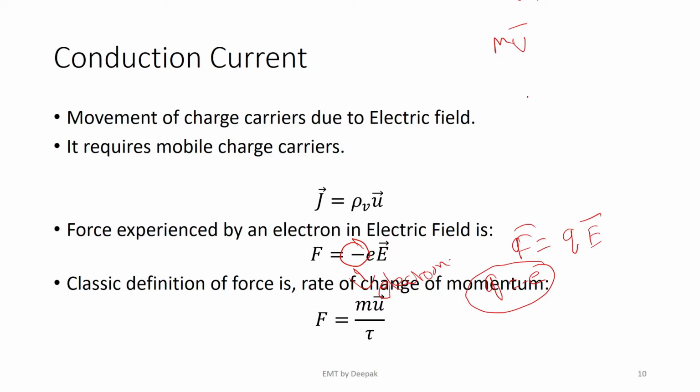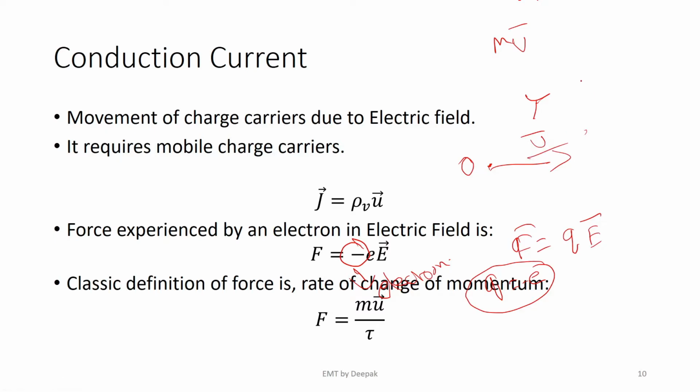So if we have observed for a time tau, and initially the bodies were at rest, now the bodies are moving with a velocity of u bar. Initially they were at rest.